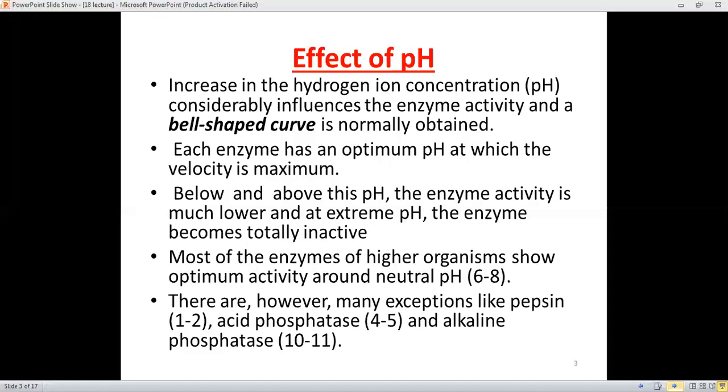For most of the enzymes of higher organisms, they show the optimum activity around the neutral pH, like 6 to 8.